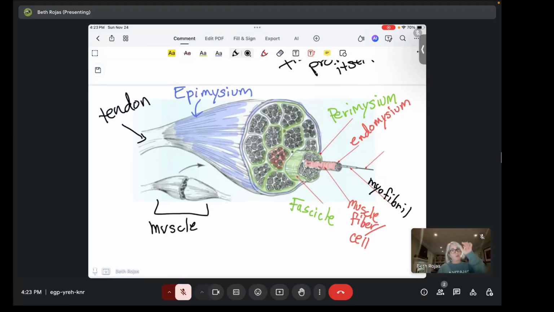And then if you pull out a myofibril, they are made of very, very thin threads called myofilaments. Okay, so that's our basic structure of a muscle. And we're going to zoom in a little bit on some of these structures next, okay?